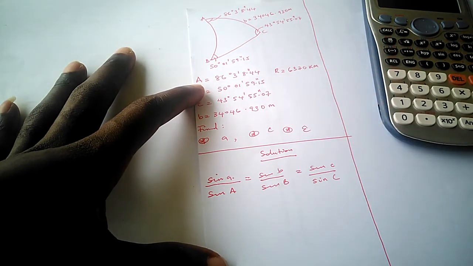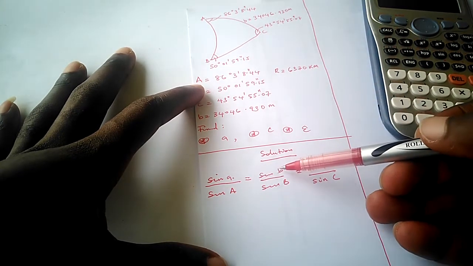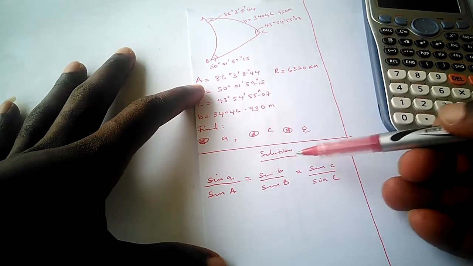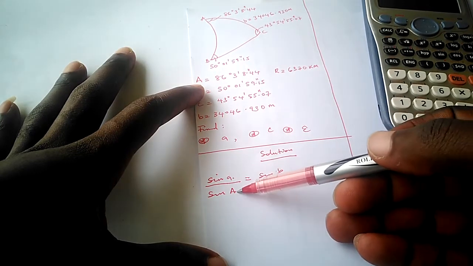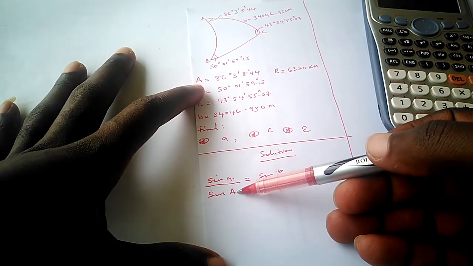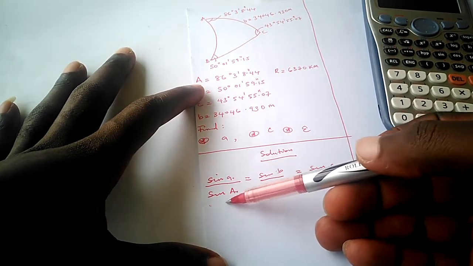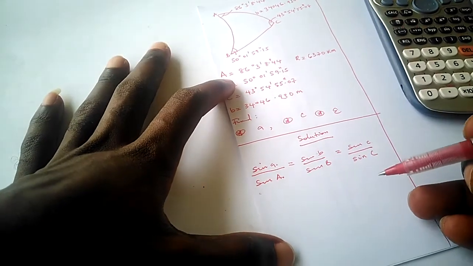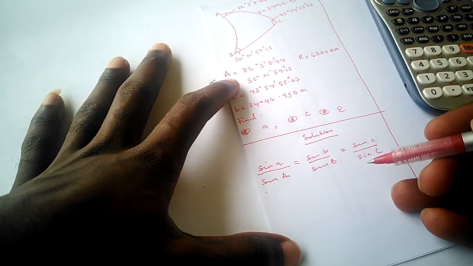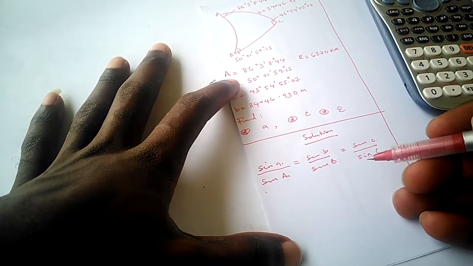So let's forget about so much English. That is what happens to sides b and c. The small letters represent the sides, while the capital letters represent the angles. This is the first set of formulas we are going to use, and the second set will be the formula to compute our spherical excess E.